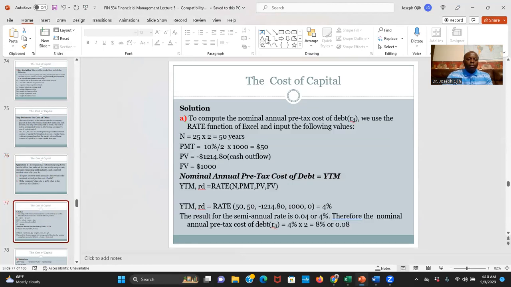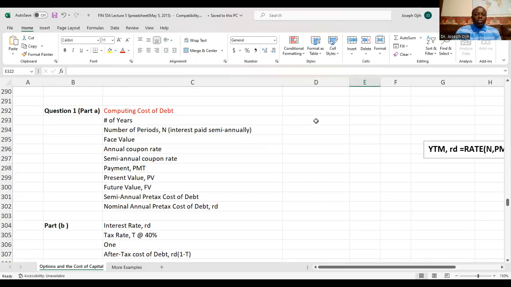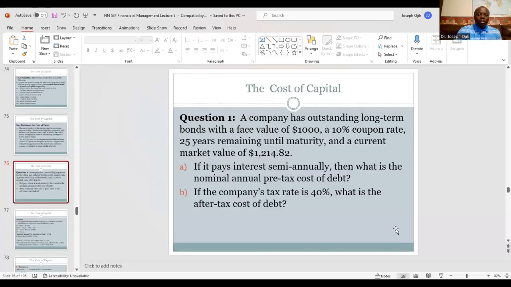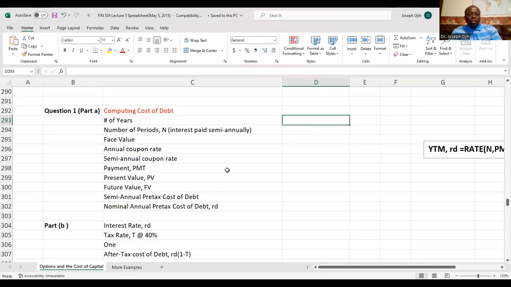Now, the number of years: the question says it's 25 years before this bond matures. So the number of years is 25.